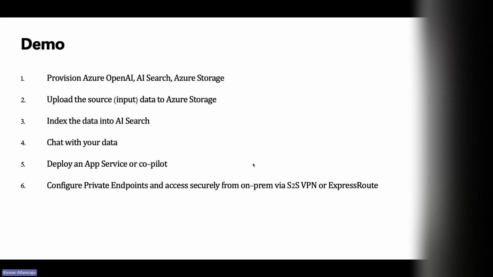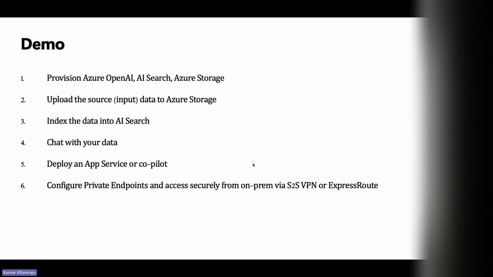But three things that we need as a starting point are Azure OpenAI, AI Search, formerly known as Cognitive Search in Azure, and then an Azure storage account to store the source data or input data, right? Because that's what you will be using to generate answers from the large language models. And then I'll show you in the demo how you are going to index the data into AI Search and chat with your data, right?